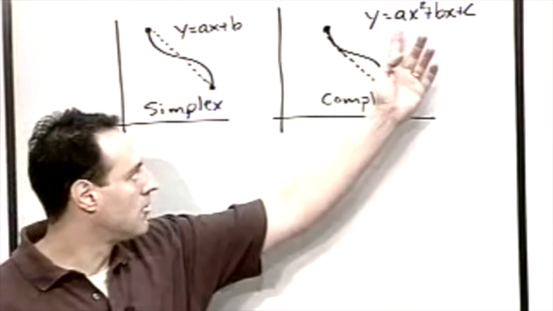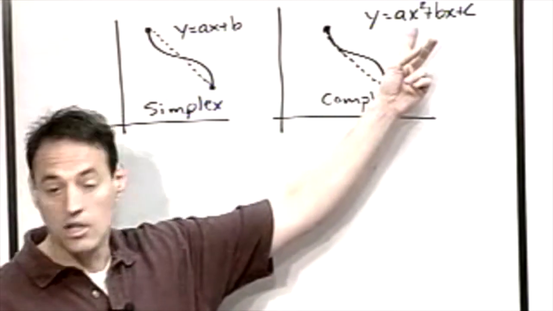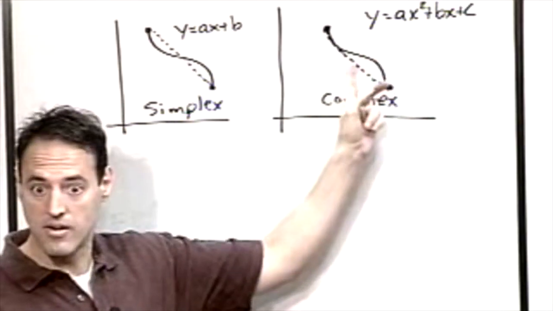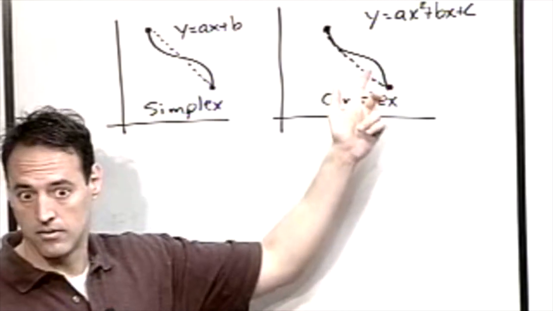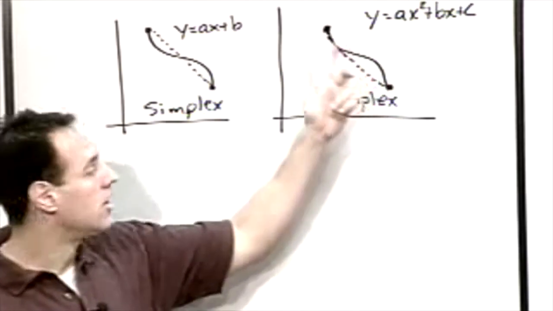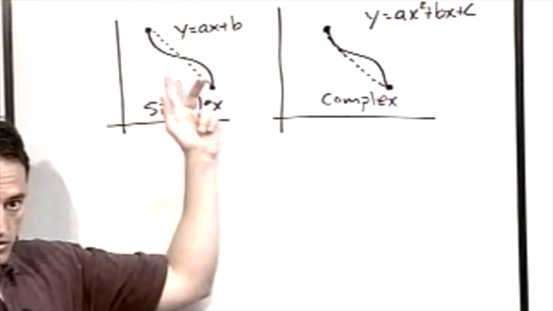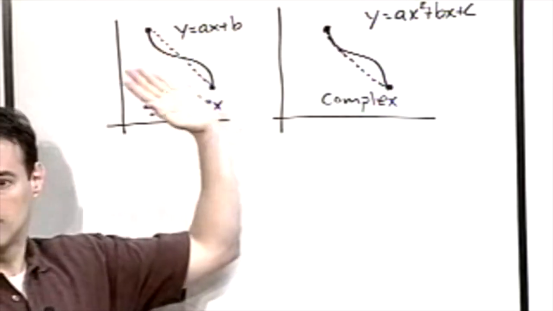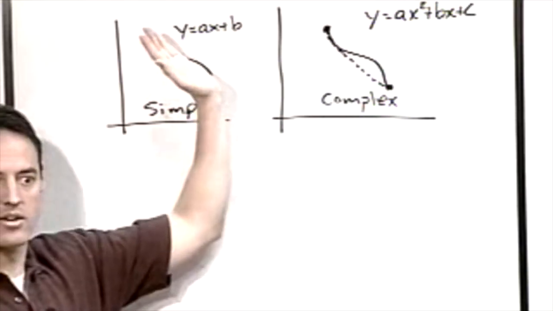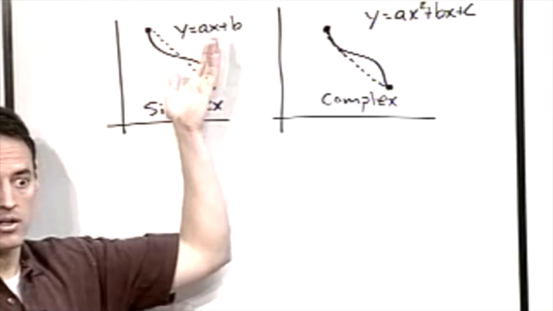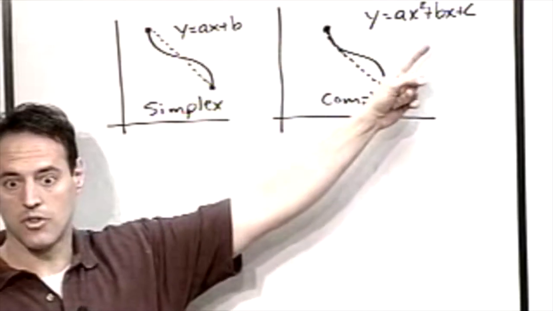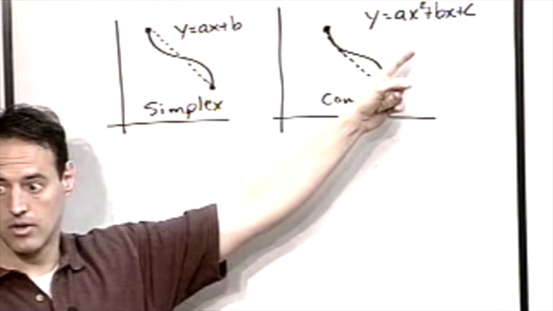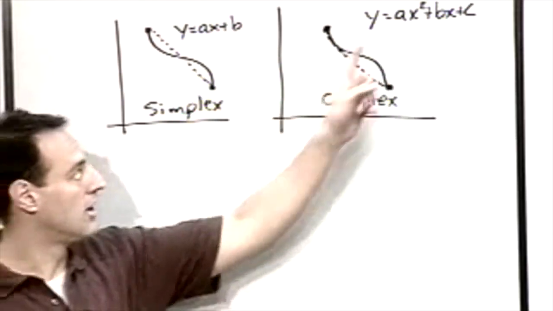If you make this of higher and higher degree, you can get something that fits here better and better, so your error can drop down. Okay? If you do a simplex method, it's a line. Your error between what's there and what it should be can be much bigger than if you fit it with higher order polynomials. Okay? But you have to pay the price.